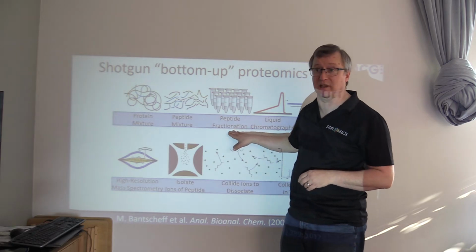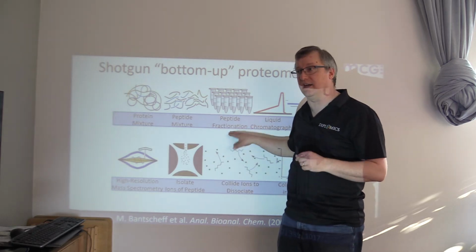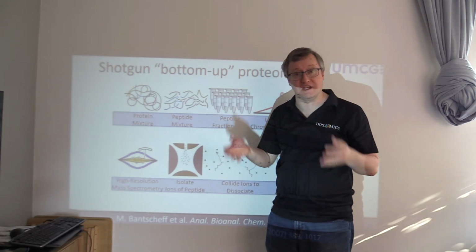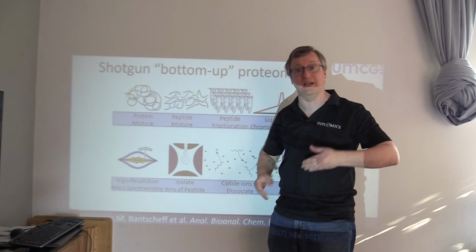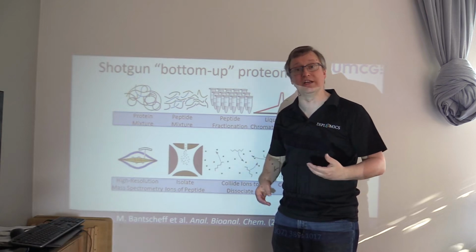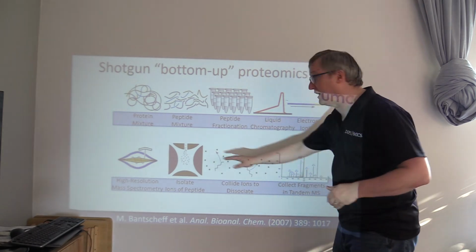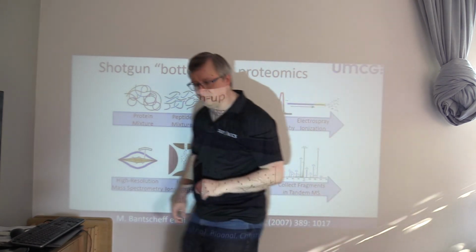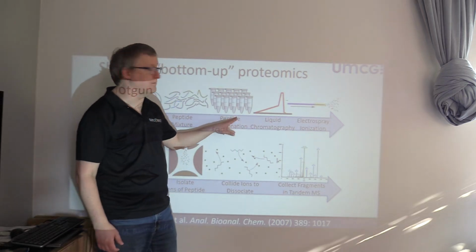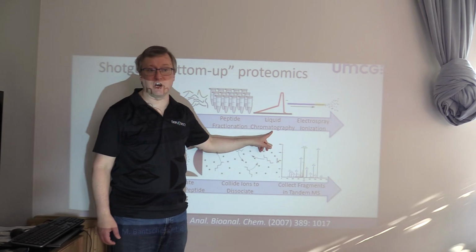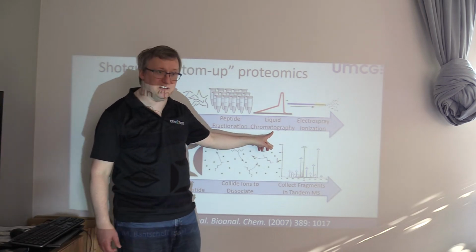The peptides are a whole lot more tractable for the kind of analytical chemistry we're going to do downstream. If you've got a very complex sample, you may need to take multiple shots at it with your mass spec. So it might be that you separate the peptides out to different fractions, each fraction of which is then subjected to LC-MS-MS, which really is represented by all the other icons here. So now that we have our peptide mixtures ready to go into the instrument, we use liquid chromatography, typically C18 beads.